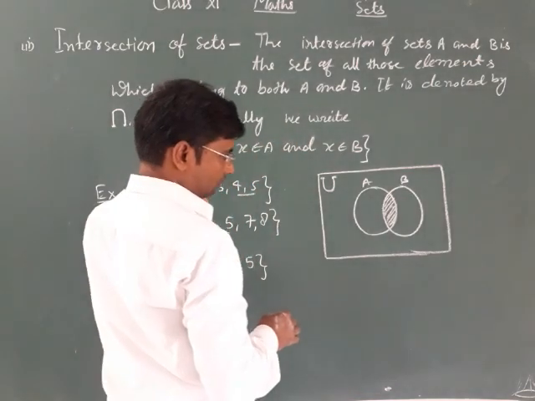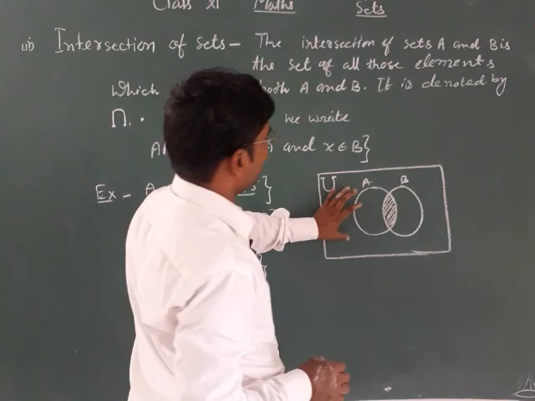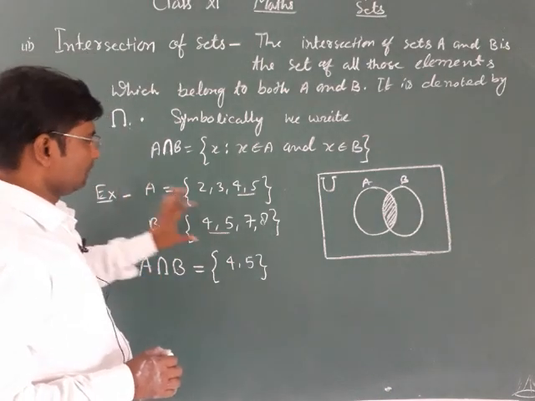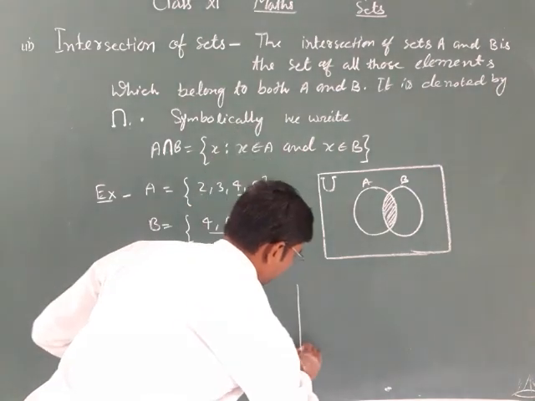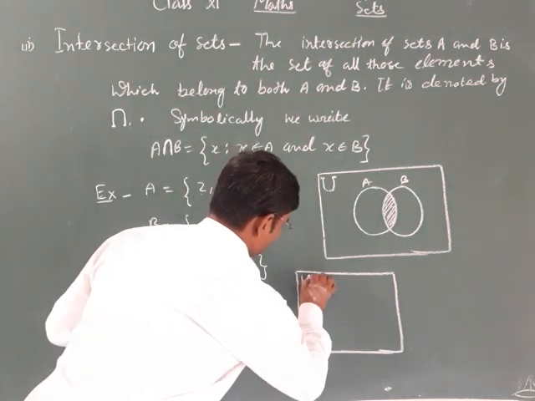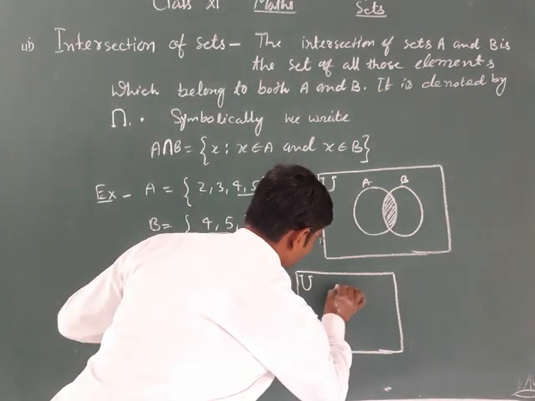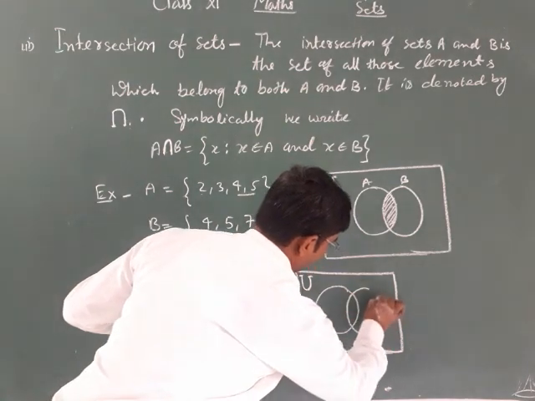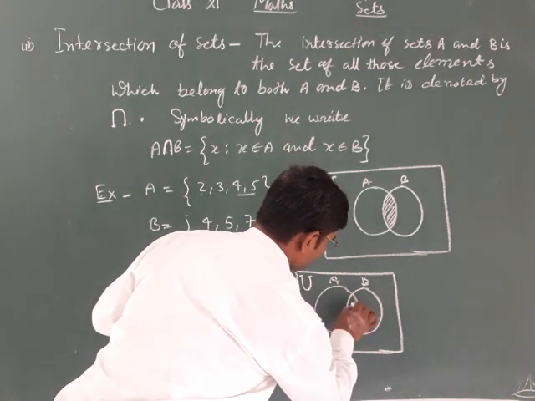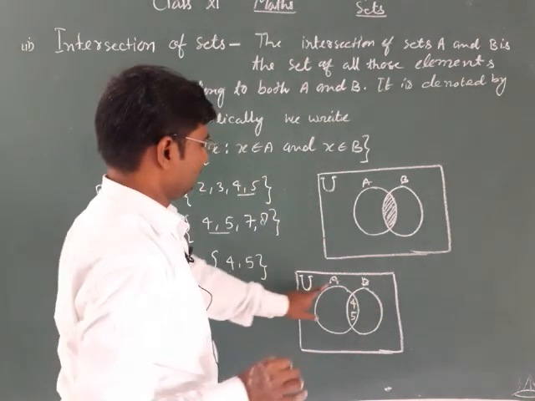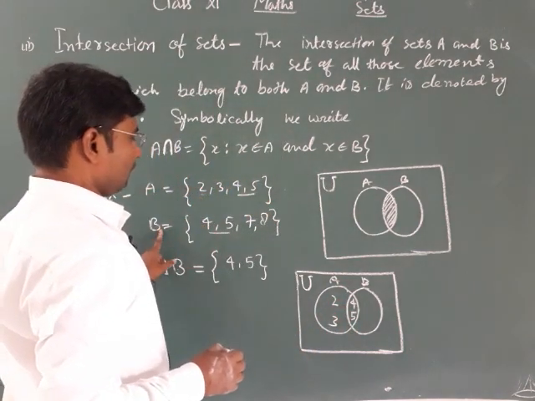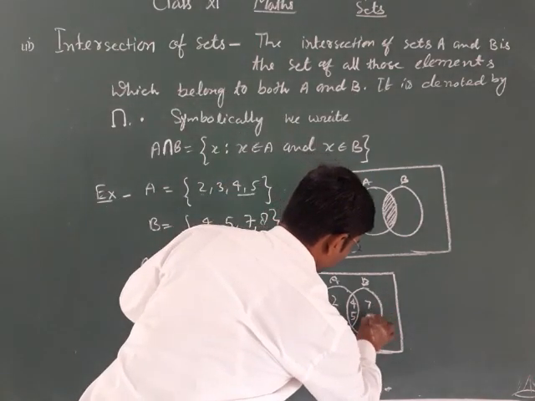In this example, U is the universal set and the two sets A and B intersect. The common elements 4 and 5 are written in the common region, A has the rest of its elements 2 and 3, and B has the rest, 7 and 8.